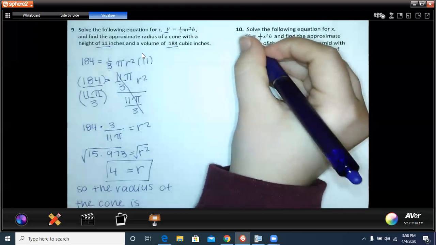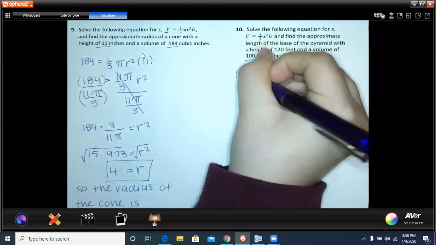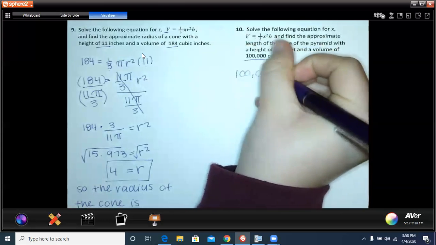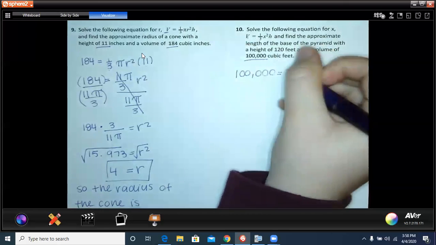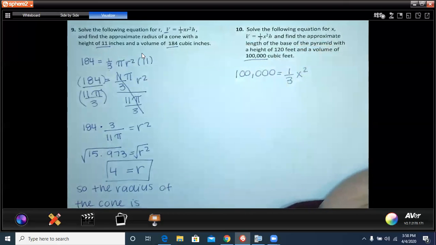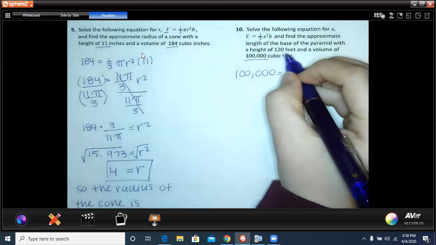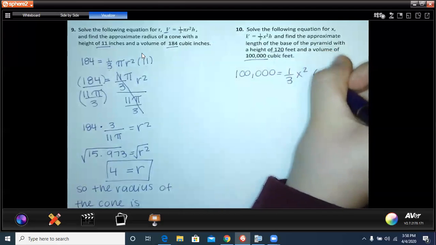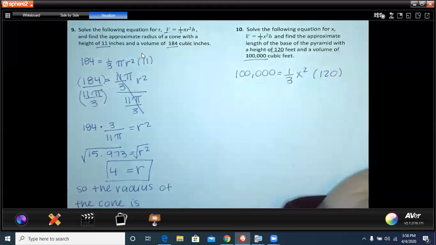So I'm going to replace the volume with 100,000. 1/3. X is what we're looking for, so we leave that as a variable. And they did also tell us that the height was 120. So I'm going to plug that in as well.